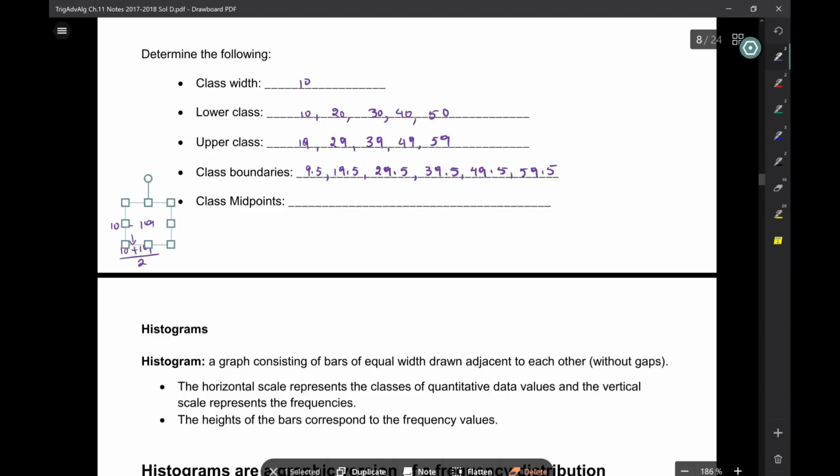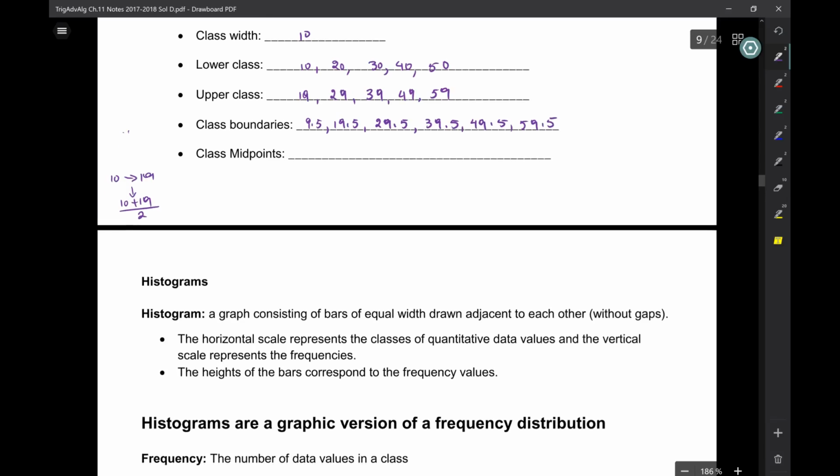You see what I mean? So that would be 14.5. And 24.5. And 34.5. 44.5. 54.5. Okay?